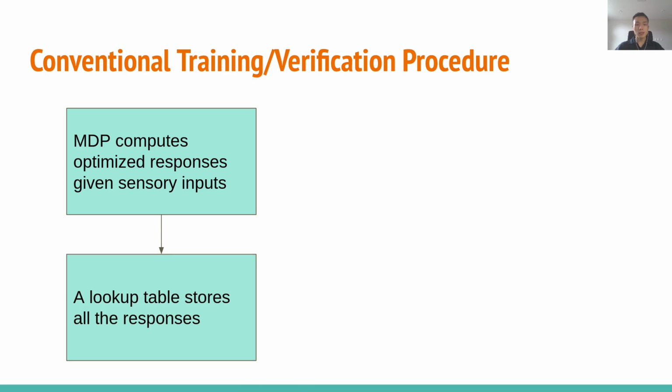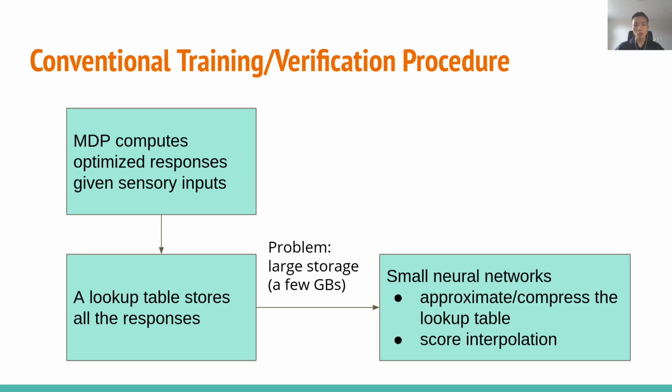These responses are stored in a large lookup table. The problem is that the lookup table is too large to be efficiently embedded in flight control systems. So a promising solution is to use neural networks to approximate or compress this lookup table. The neural networks also provide score interpolation for inputs not on this lookup table.